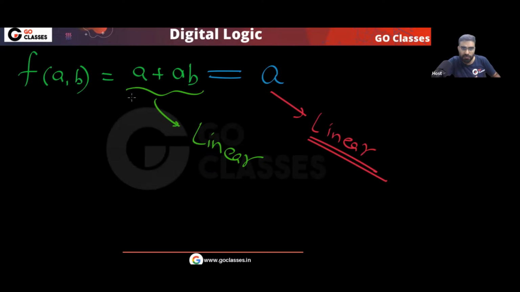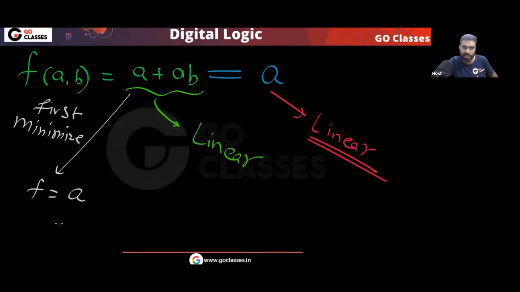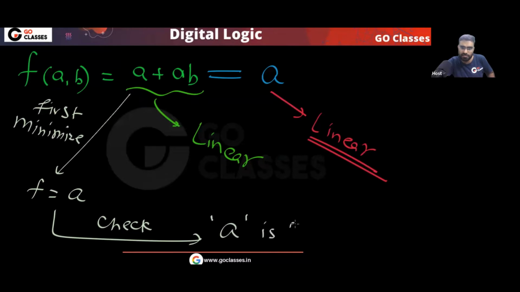But first minimize it. First minimize, then check is it linear or not. First you minimize, you will get A. Then check. Then you can notice this A is linear.